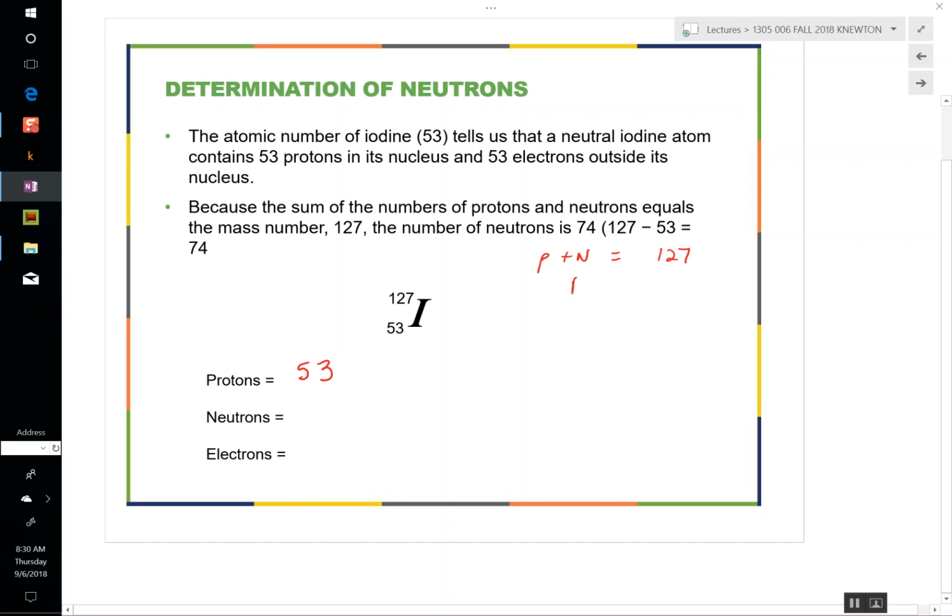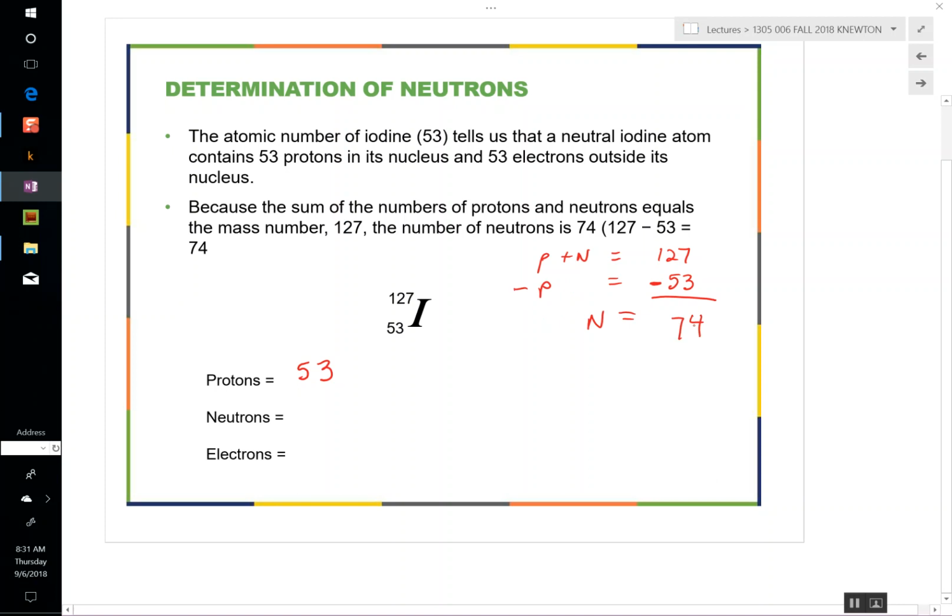And if I take the protons, which is 53, and subtract it, I'm left with neutrons. 3 from 7 is 4, 5 from 12 is 7.